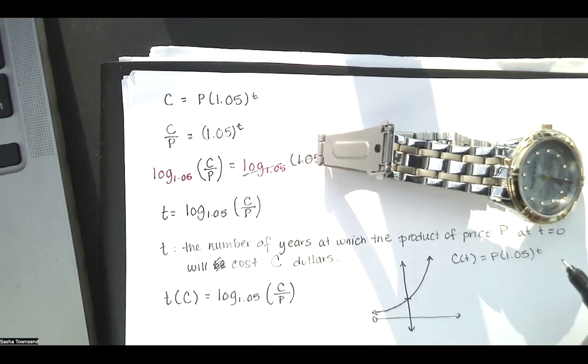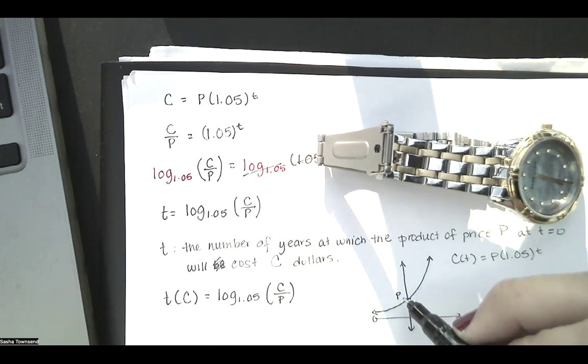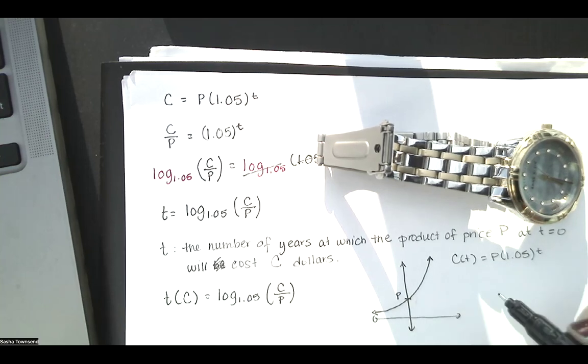Now when t equals 0, we have P times this number raised to the 0. Any non-zero number raised to the 0 is 1. So this is just going to give us P at time t equals 0. That's the cost at time t equals 0, and then this is the cost t years later, provided that we have that 5% inflation rate.